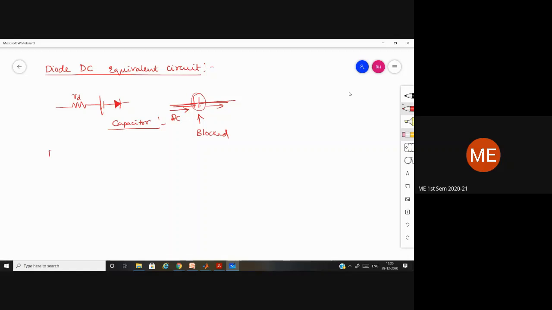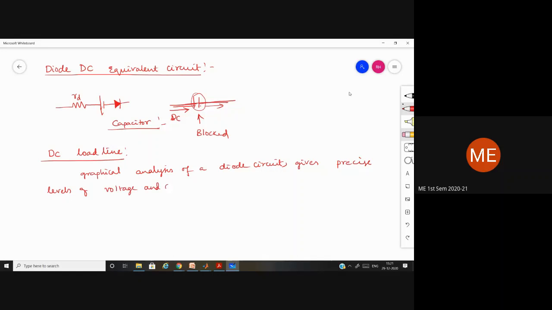Next, after this, we are having DC load line. So what is this DC load line? DC load line is the graphical analysis of a diode circuit which gives precise levels of voltage and current.